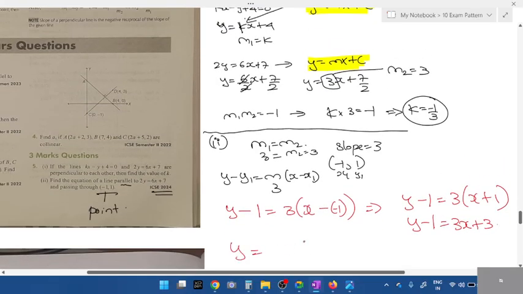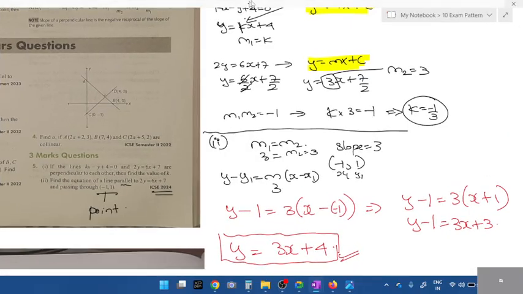Therefore, y is equals to, minus 1 goes to the other side, 3x plus 4 students. This is the answer. Equation. So you can write even like this, y is equal to 3x plus 4, or you can write 3x minus y is equal to minus 4, anything is fine.